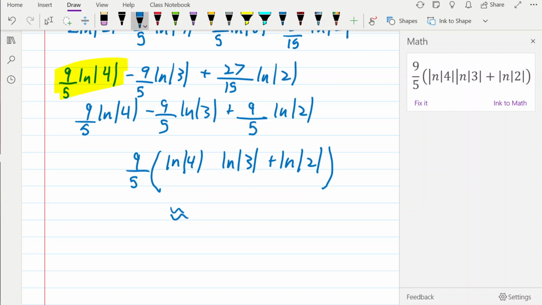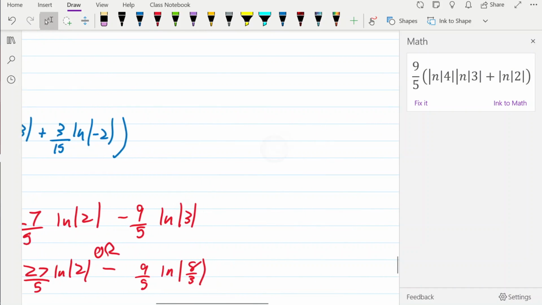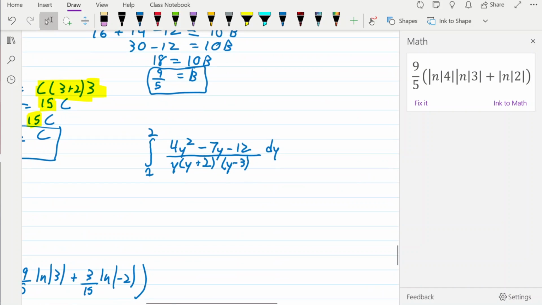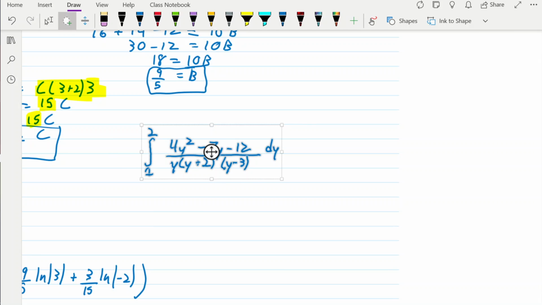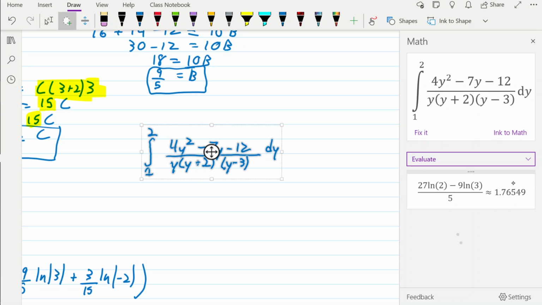This is around 1.90, while this one, which we were getting earlier, is around, yeah, I did something wrong, I think, 1.765.